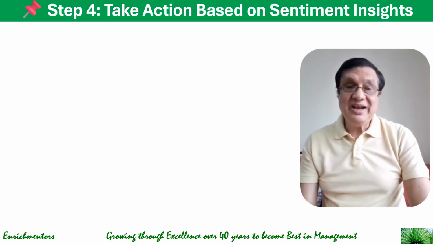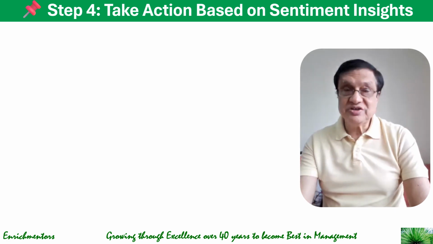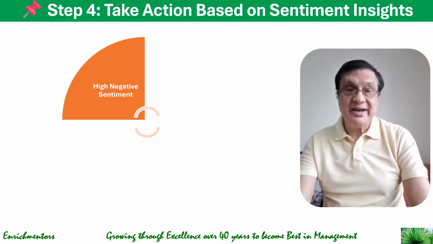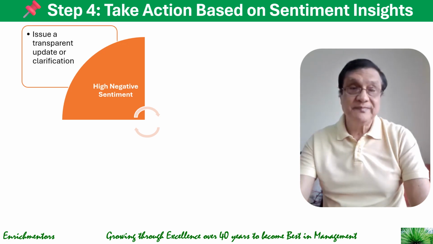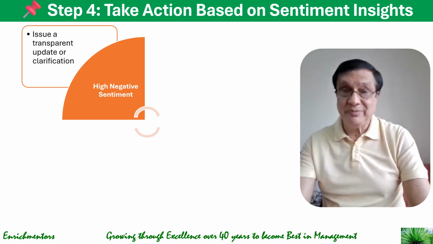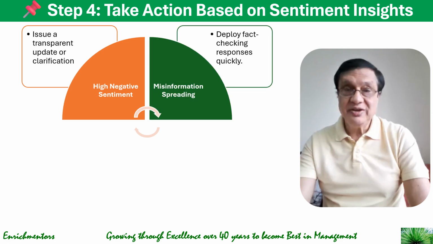So once you have analyzed the sentiments, you are ready to take action. There you could have many communication strategies. For highly negative sentiment, you will need to issue a transparent update or clarification. It could be as simple as that, but that's a thing to do. Now, if there's misinformation spreading, you need to deploy fact checking responses quickly, right?